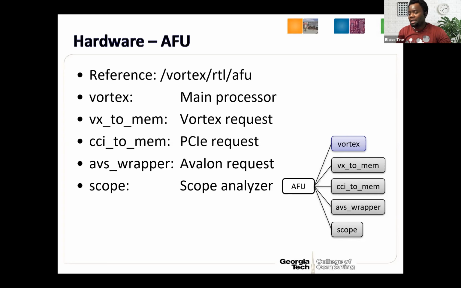We have a scope analyzer for debugging the FPGA that is also located inside the command processor. The CCI to memory request is the component that converts the memory request to CCI, which is the communication that goes to the PCIe, the PCI interface.